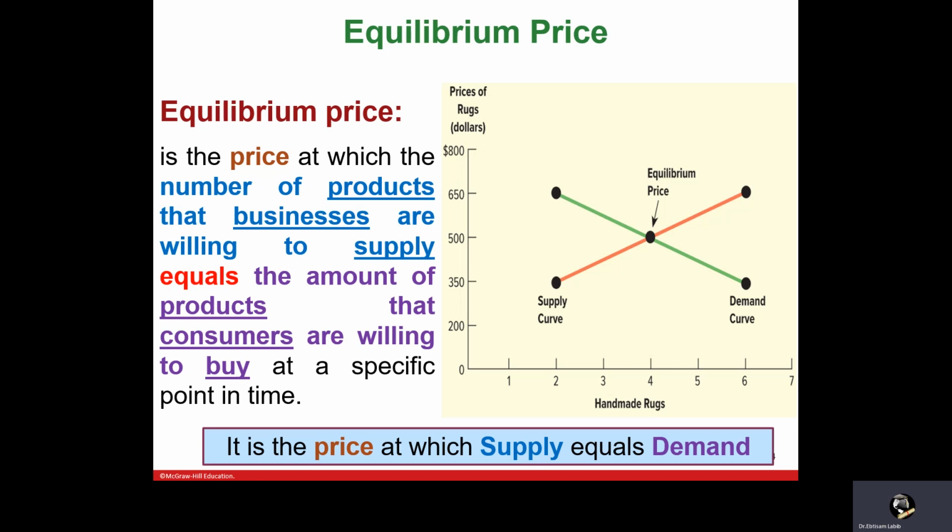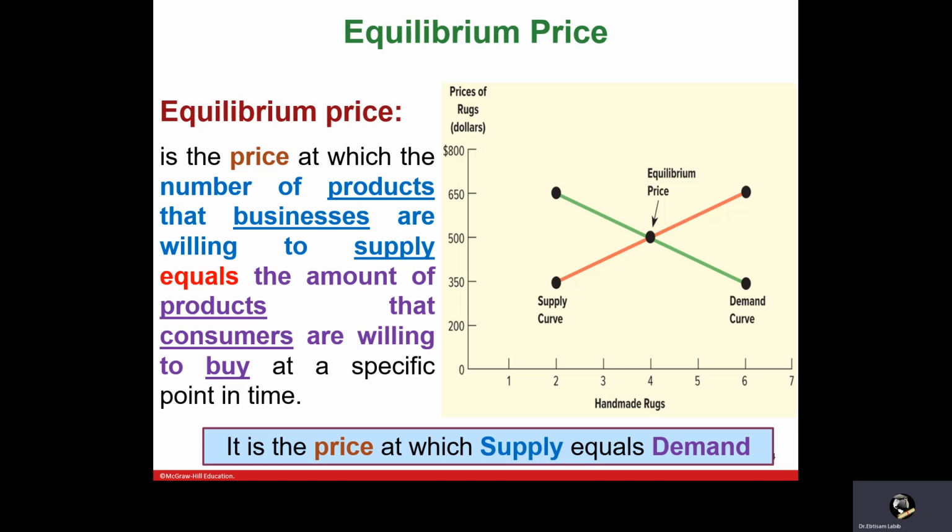For example, the first black dot on the left represents that consumers are willing to buy 2 rugs for $650, they are willing to buy 4 rugs for $500, and they are willing to buy 6 rugs for $350.